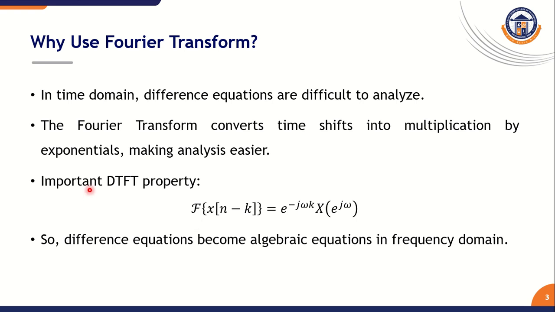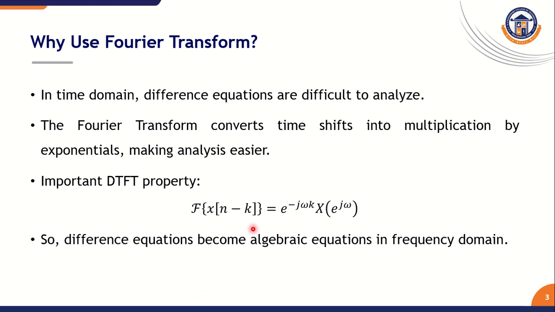An important DTFT property we use to analyze the system is that the Fourier transform of x of n minus k, when applied to the time shifting equation, is equal to e power minus j omega k into capital X of e power j omega.